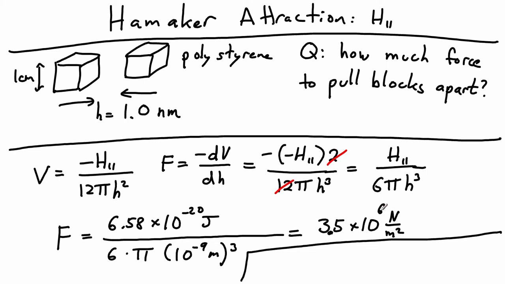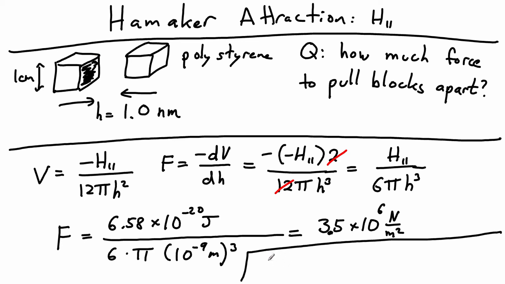Remember that the Hamaker equation for blocks gives the answer in terms of force or energy per unit area. So we have to figure out what the area is here. The area of each side is going to be a centimeter by a centimeter. So that's 10 to the negative 4th meters squared.